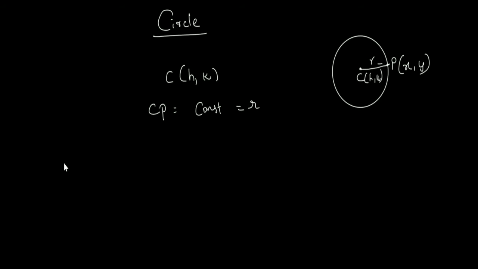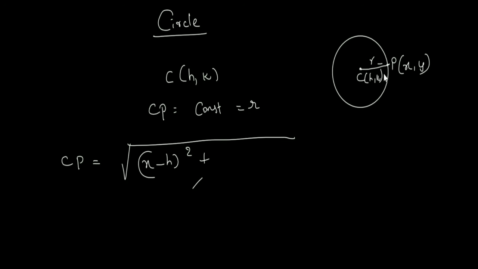You know the distance formula. CP is equal to the root of (x minus h) the whole square plus (y minus k) the whole square, is equal to R. Square both the sides.